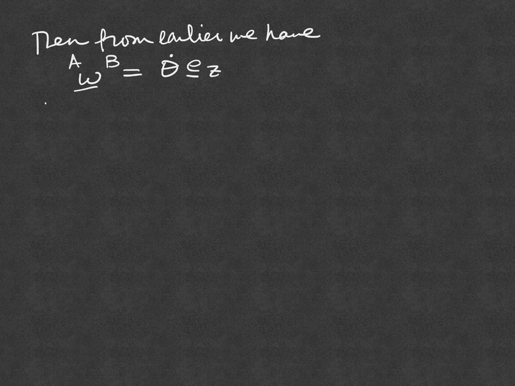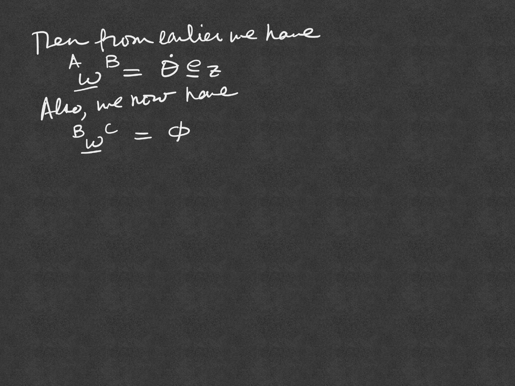And we now have that the angular velocity of C in B is equal to phi dot times u sub theta. But this is now not expressed in terms of one right-handed orthonormal basis. And why is that the case? That's because of the diagram.